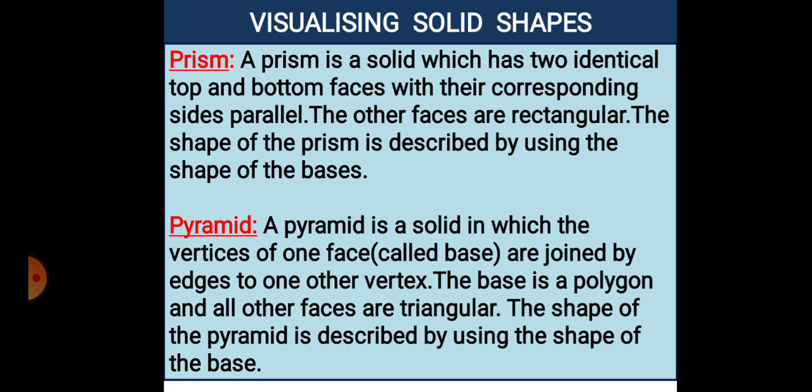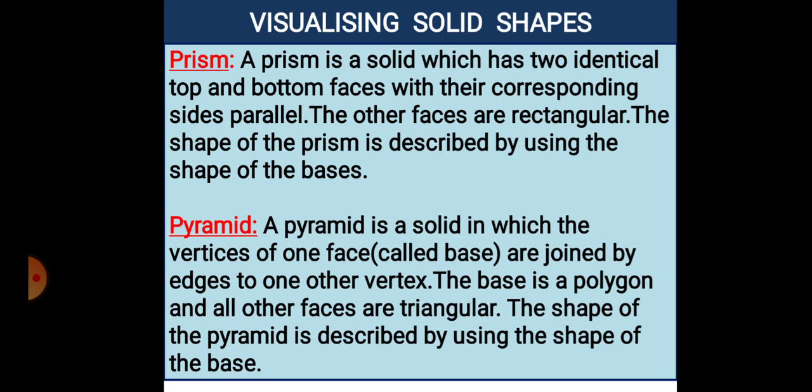If the bases, that is top and bottom face, are rectangle, then the prism is rectangular prism. Similarly, if the base, that is top and bottom, are hexagon, then that prism is called hexagonal prism.